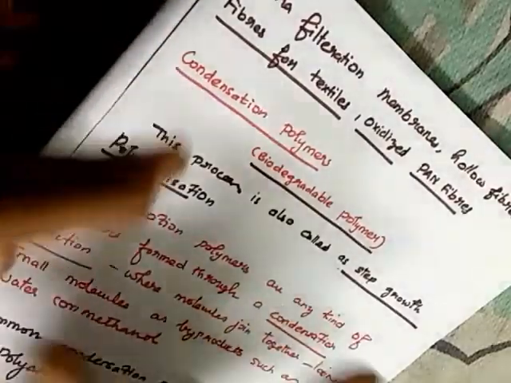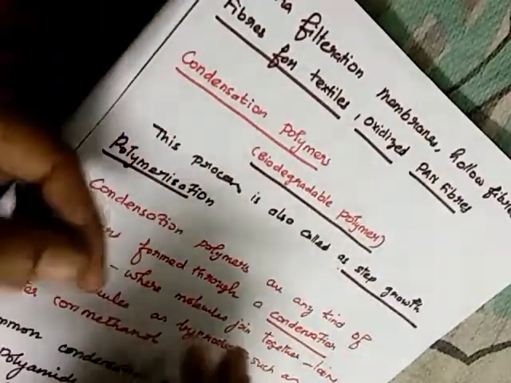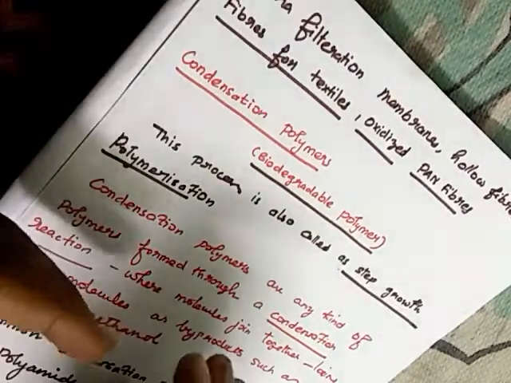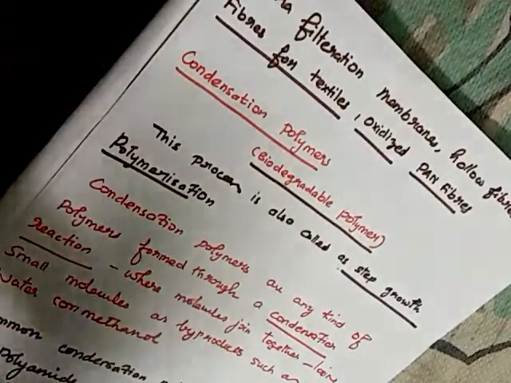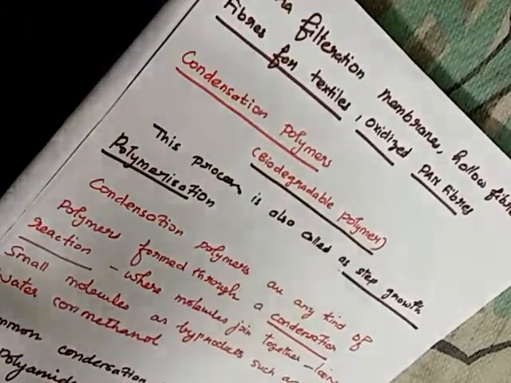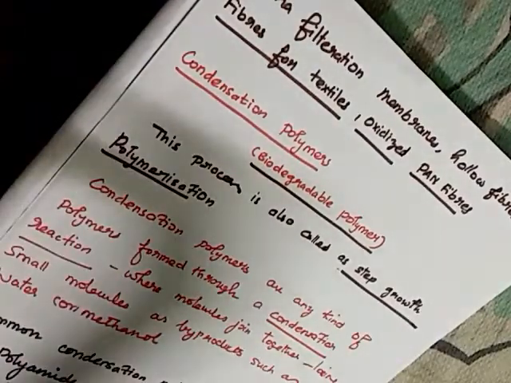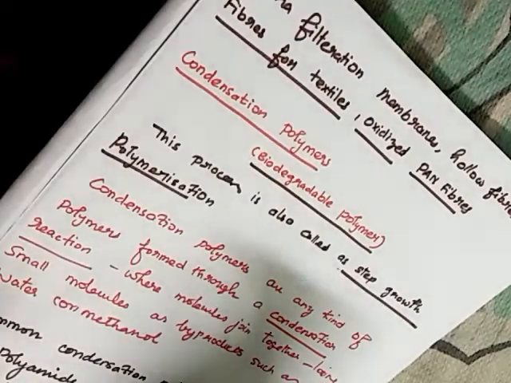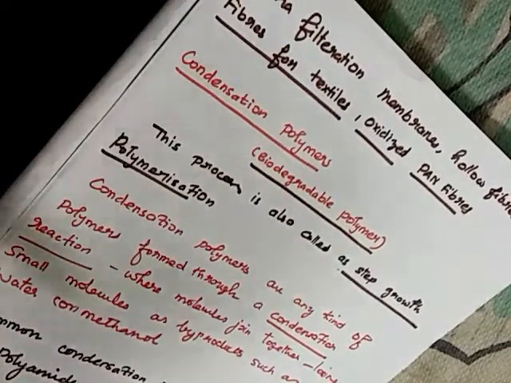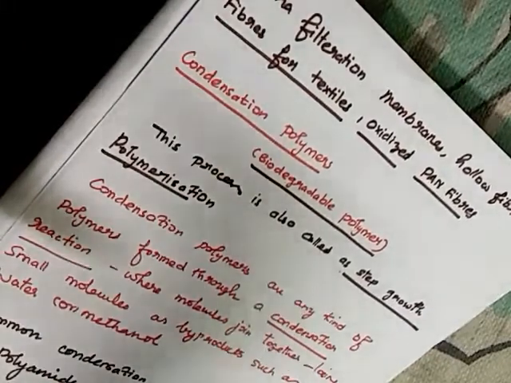So in this video, we discussed some addition polymers. What are they? Preparation of polythene. Under preparation of polythene, we have seen two different types, low density polythene and high density polythene. The second addition polymer we discussed is Teflon, which is CF2 double bond CF2.